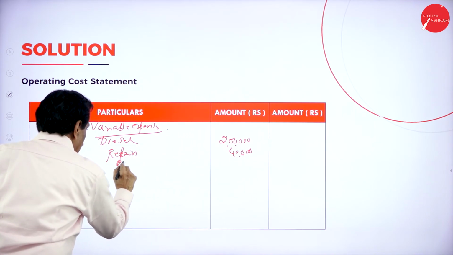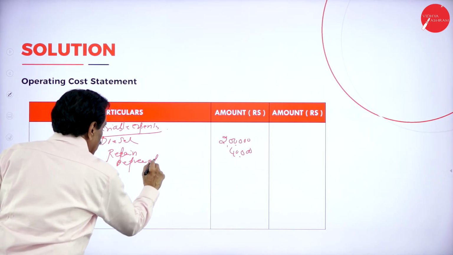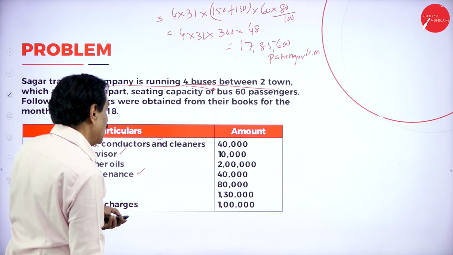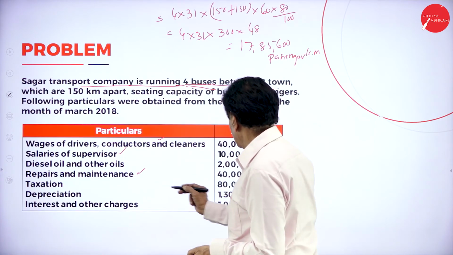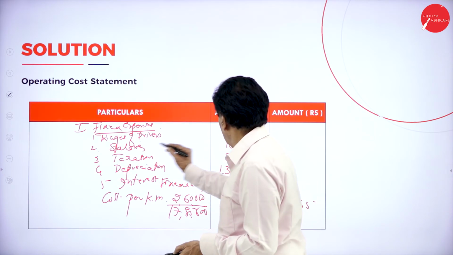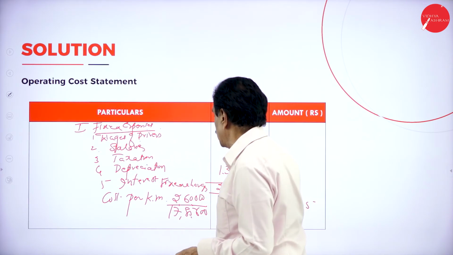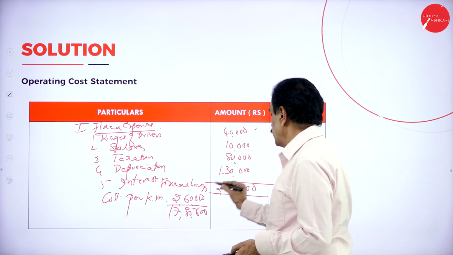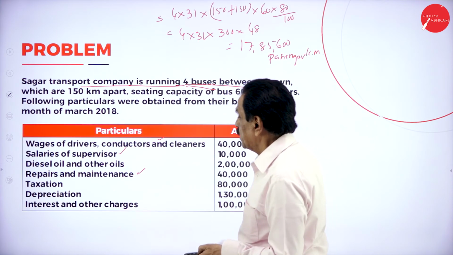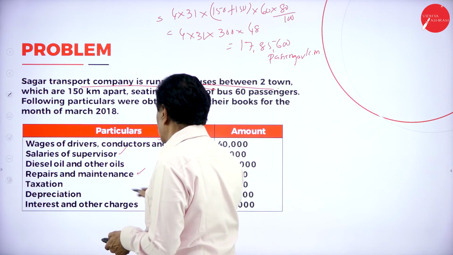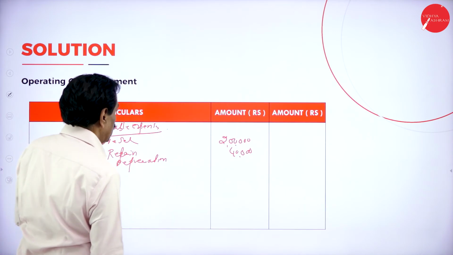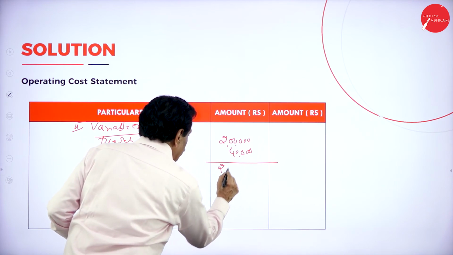Then depreciation value is given. Depreciation is 1,30,000. Interest and other charges you have taken 1 lakh in the last, no? Here wages of driver, salary, taxation, depreciation, interest on charge, everything is taken. Here taxation, depreciation you have taken. All are fixed here. So 2,40,000.